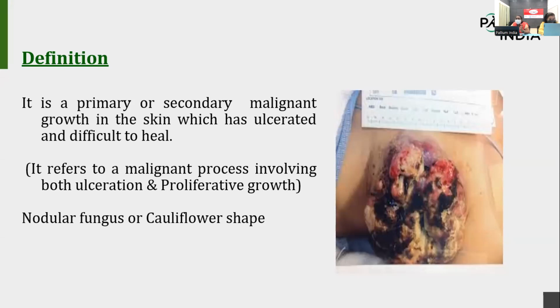It looks like a nodulous fungus, the fungus shape. That is why we call this a fungating wound, not because of fungus. Because of that nodular fungus shape, we call it a fungating wound. Sometimes this type of wound will look like a cauliflower in shape also.